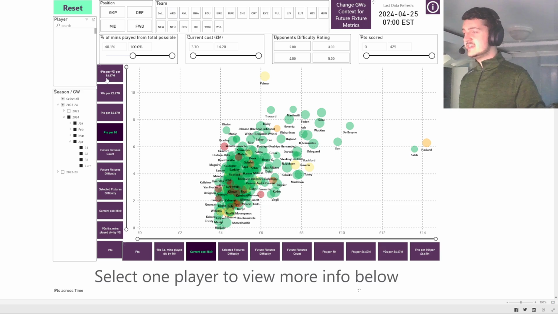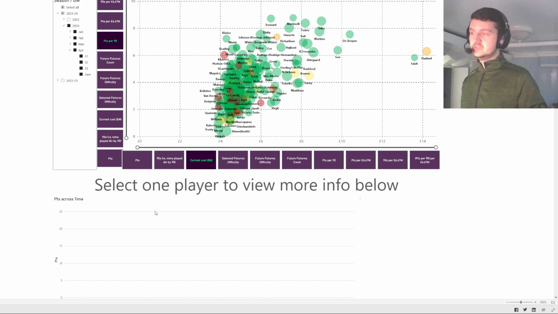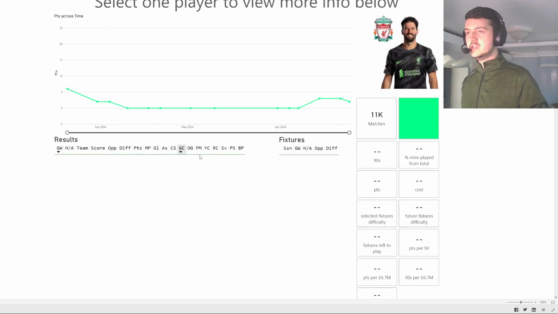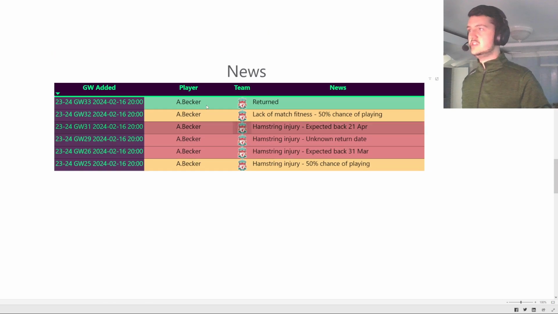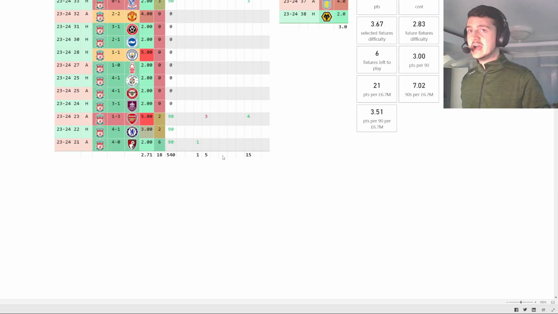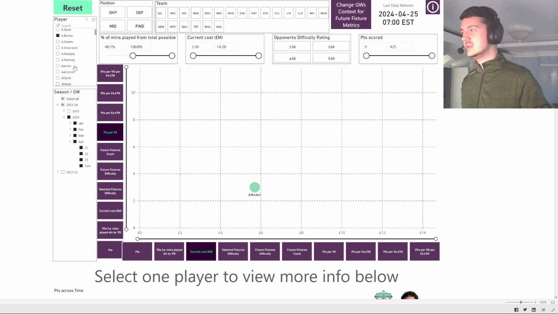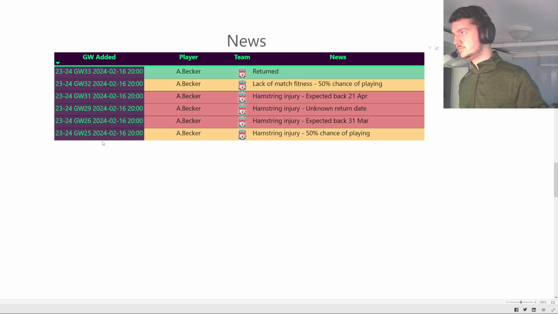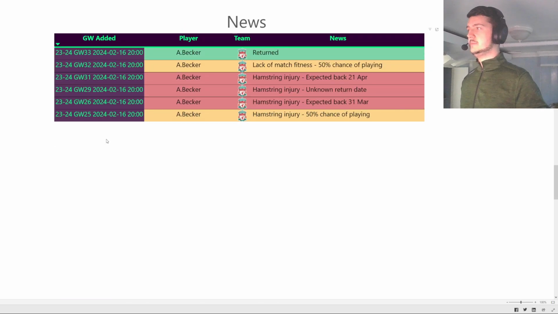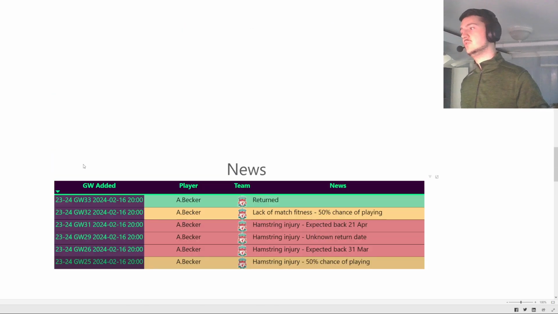So this slicer is going to affect both this window here, the in-depth player view, and it's also going to affect the news page, right? So it's going to show you all the news only about this player. I'm actually curious, is it only showing the 2024? Yes, it is. So it's only showing news from 2024, the game weeks from 2024.